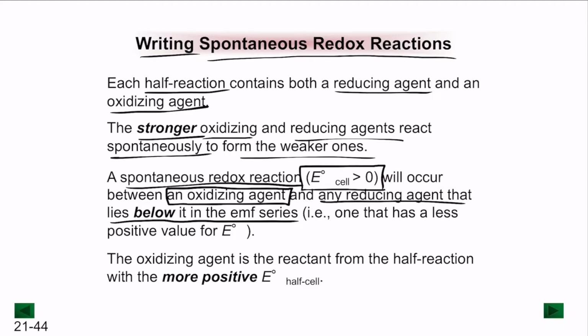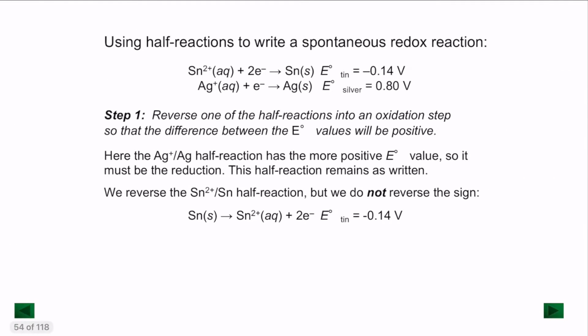Only then will this reaction properly occur. The oxidizing agent is the reactant for the half reaction with the more positive E value, and the reducing agent is the one that lies below the oxidizing agent's value.